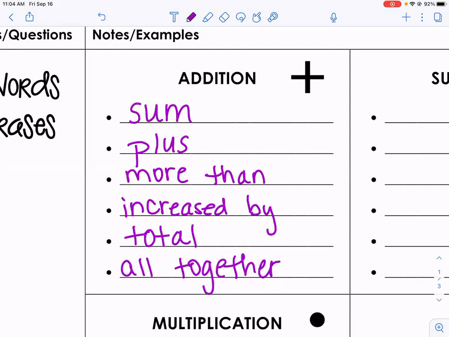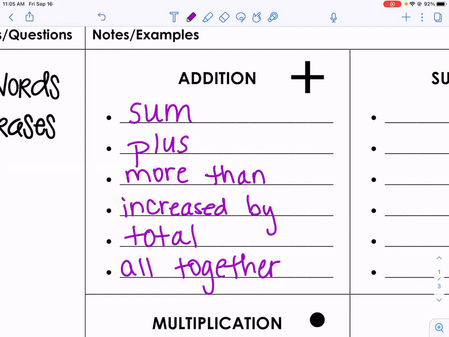And then the phrase all together is another one to be on the lookout for. I think addition is probably one of the simpler ones to recognize than the other 3.